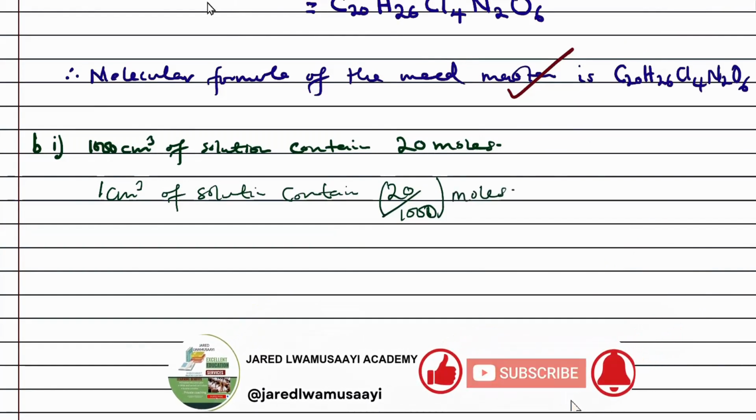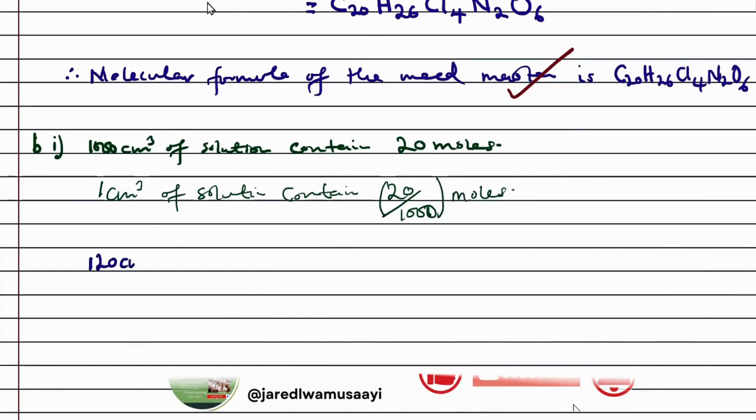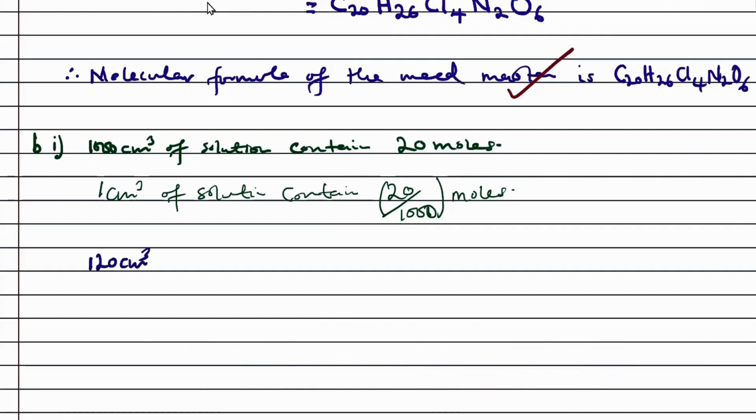So what about now the 120 cubic centimeters? Because they said 120 cubic centimeters of the concentrated Weedmaster is needed to make 20 liters. So we say that 120 cubic centimeters of solution would contain how many moles? Simply get 20 divided by 1,000 multiplied by 120, and this is still going to be moles.